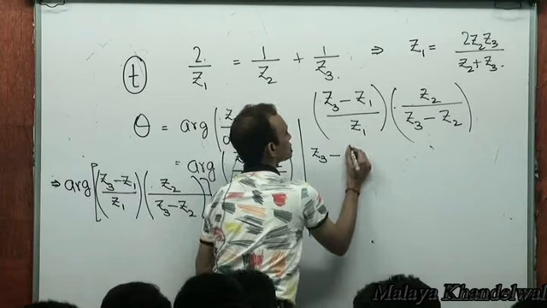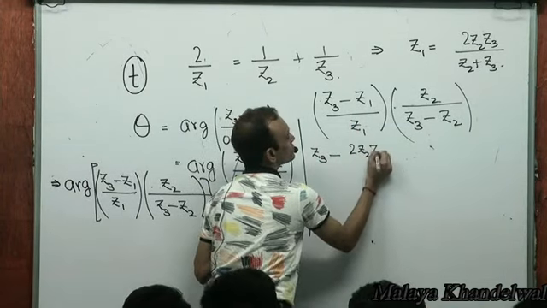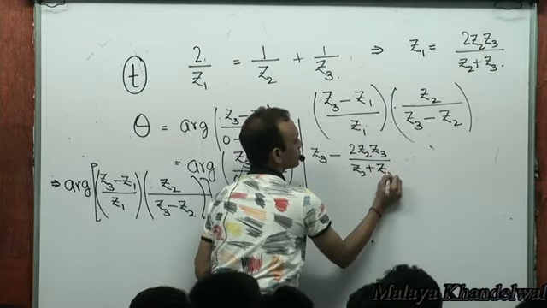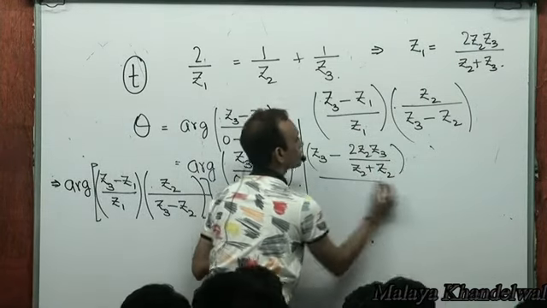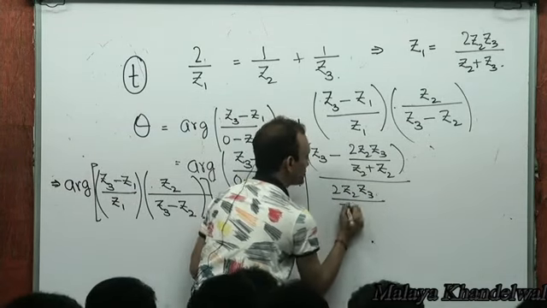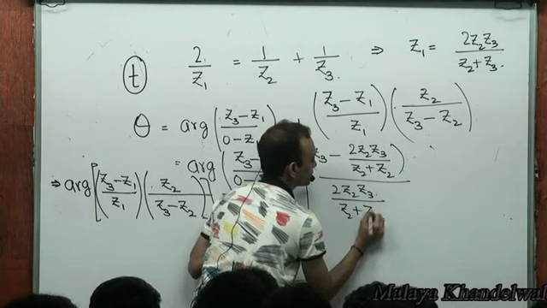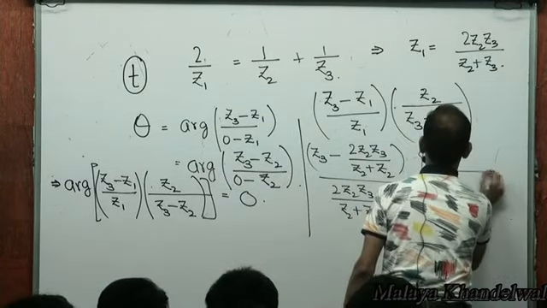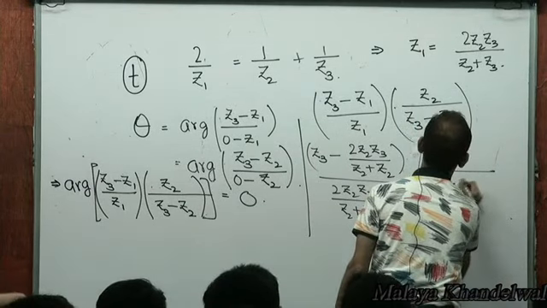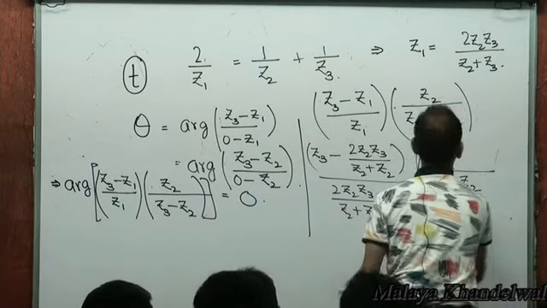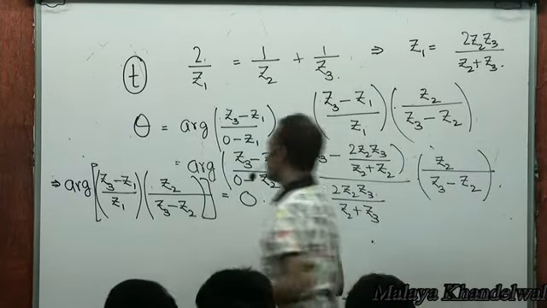Minus z1, which is 2z2 z3 by (z2 plus z3), to z2 z3 by (z2 plus z3), into z2 divided by (z3 minus z2). This is what we need to deal with, right?